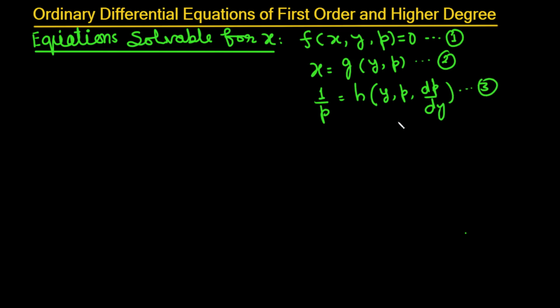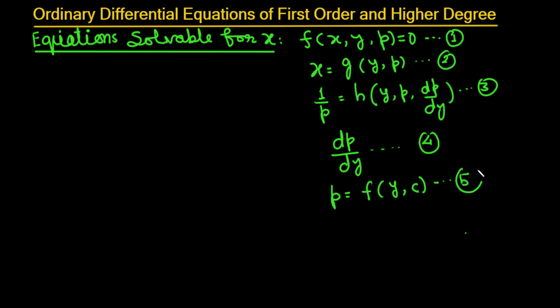Out of equation 3, we take out the factor which involves the derivative of p with respect to y, and this is a first order and first degree ordinary differential equation in p and y. We solve this first order and first degree differential equation for p, and we get something like p is a function of y and an arbitrary constant.